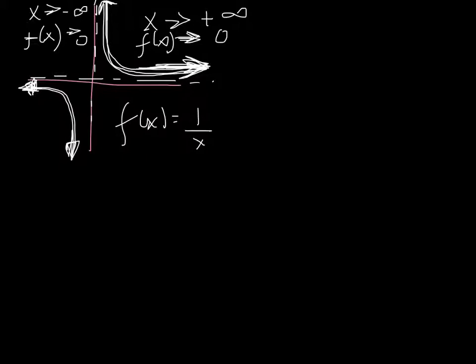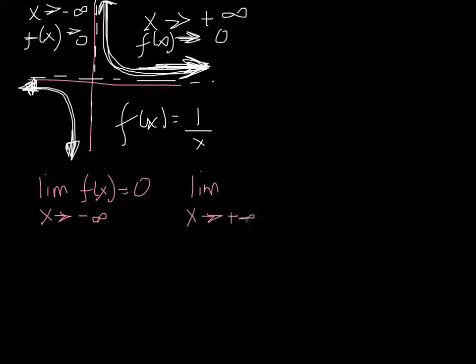So on the left side is the limit as x goes to negative infinity, my y values approach 0. On the right side is the limit as x approaches positive infinity, my y values are going to 0. Okay, that's the parent.